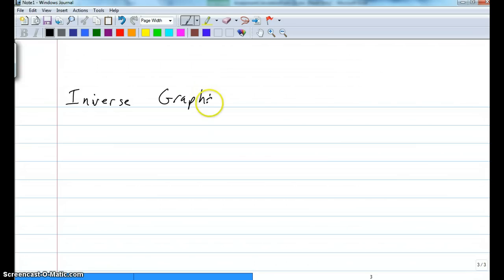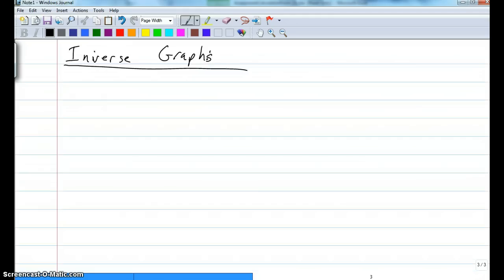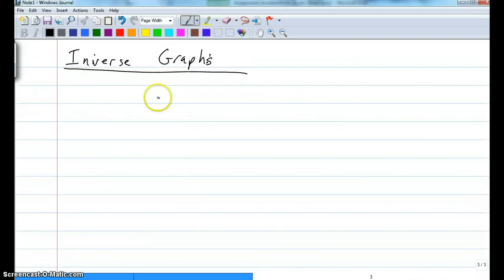so where I was last at was inverse as relates to graphing. Inverse graphs. Now, I'm going to draw one of my patented gross graphs. Just go ahead and draw one with me. And we're going to put some tick marks on here.